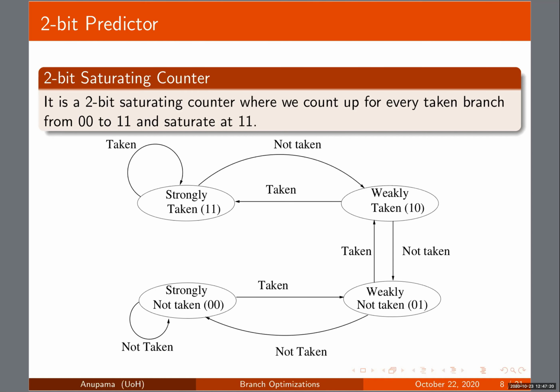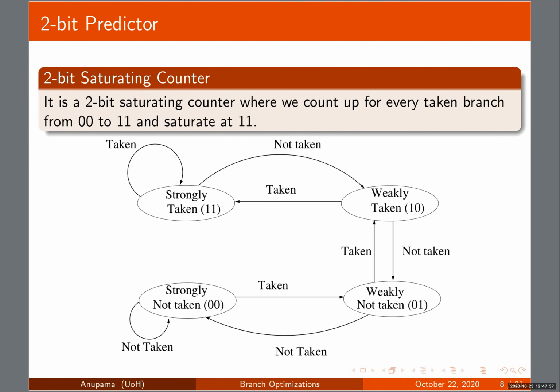Now, the state diagram I'm showing here is not the same as in your textbook. In the last class, I showed you the state diagram from the textbook, but somehow I'm not convinced by that.